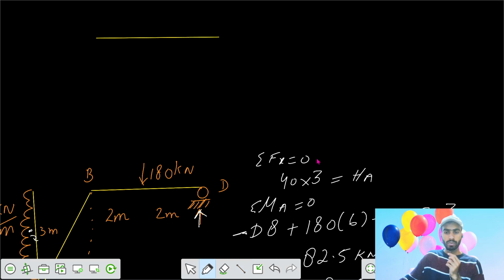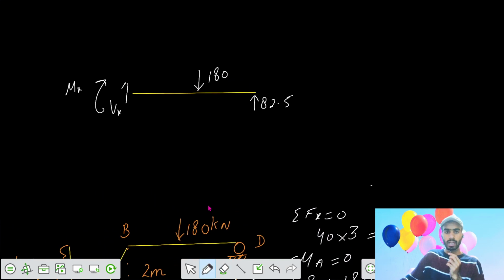We got the reaction of 82.5. So we write 82.5. Then after that we had a point load of 180 kilonewton. So here would be some Vx and here would be some Mx. We can calculate those values. Say this is your 2 meter, this is your 2 meter.